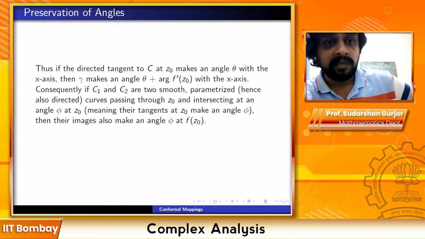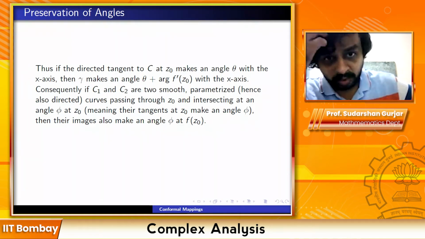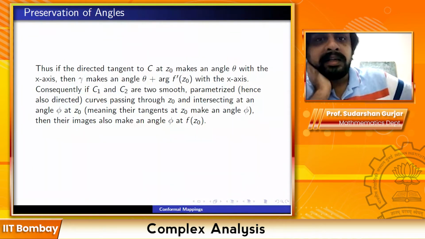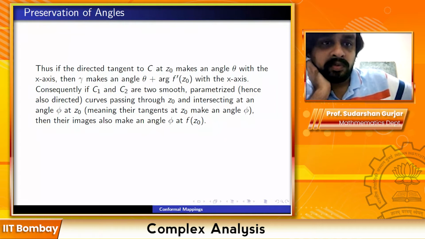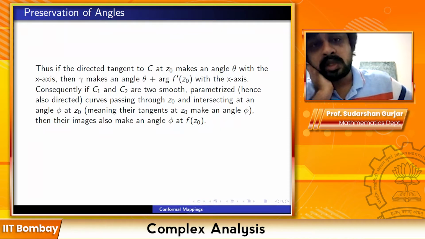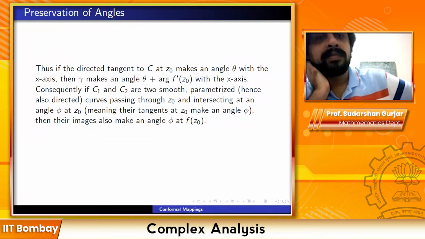Tangent has a direction. If you reverse the parameterization, the tangent reverses the direction. The magnitude remains the same. So you have the directed tangent at any point, and this will make an angle. If the original curve makes an angle theta, its image makes an angle theta plus argument of f prime z0 with the x-axis. So the angle simply adds this constant factor, argument of f prime z0.